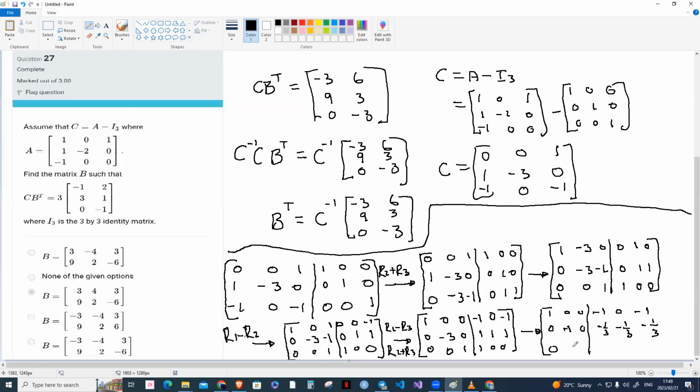And that's 0, 0, 1, 1, 0, 0. Then this will be my inverse: -1, 0, -1, -1/3, -1/3, -1/3, 1, 0, 0.